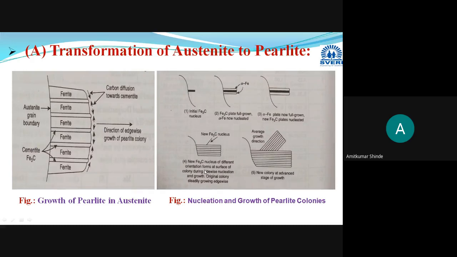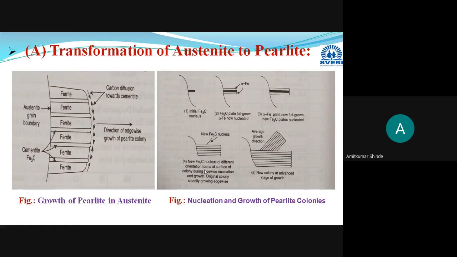Now, whenever the transformation temperature is above 550 degrees Celsius, from the austenitizing temperature, meaning from the 900 or 950 degrees Celsius temperature zone, up to 550 degrees Celsius, if you are cooling in that temperature zone, you will end up with the pearlite only.